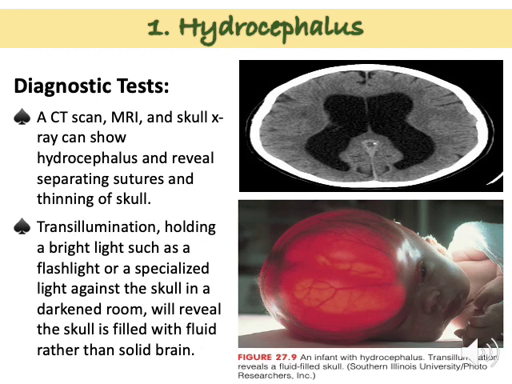Figure 27.9, the photo below, shows another test, which is transillumination. It is holding a bright light, such as a flashlight or a specialized light, against the skull in a darkened room. This will reveal that the skull is filled with fluid or CSF rather than the solid brain.